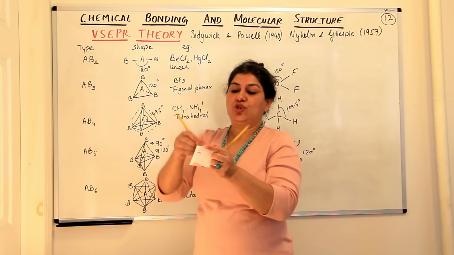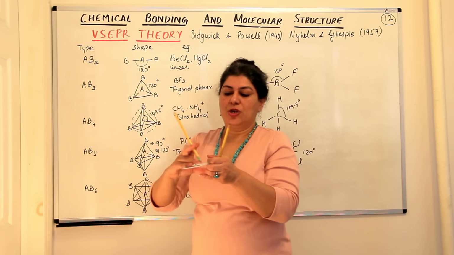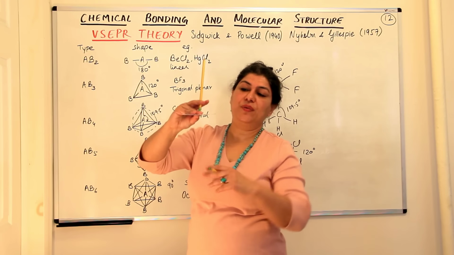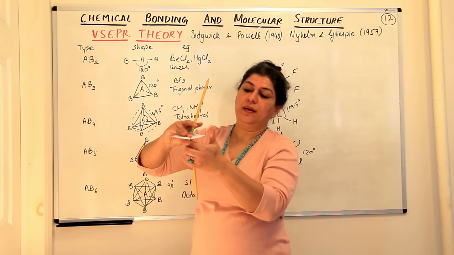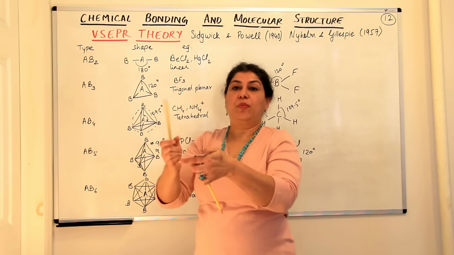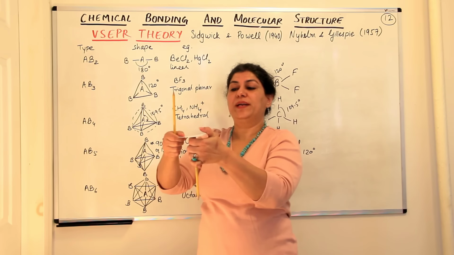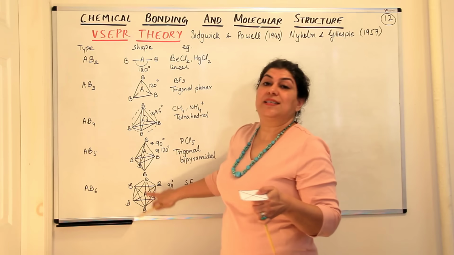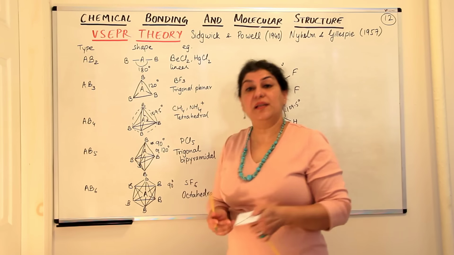So now what is the structure that you would like to imagine? These are 2 bases we have joined, and this is one pyramid and this is one pyramid. One pyramid pointing upwards and one pyramid pointing downwards. So this is known as the tetragonal bipyramidal shape.